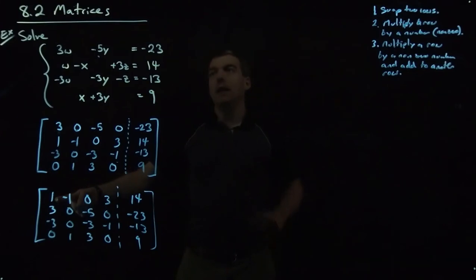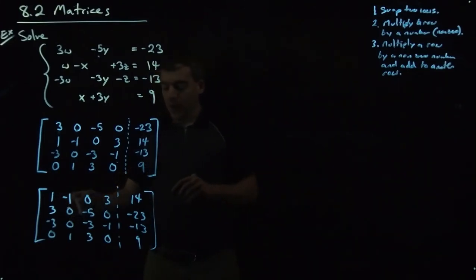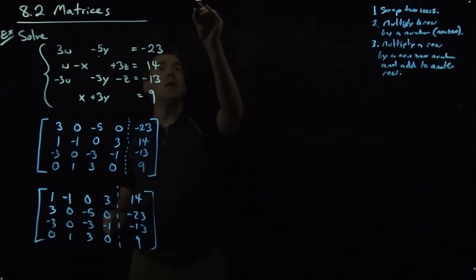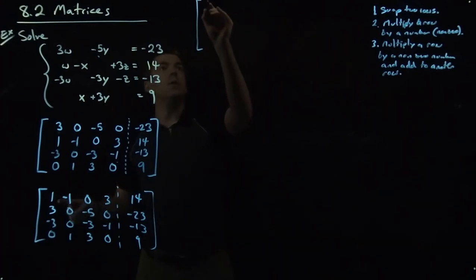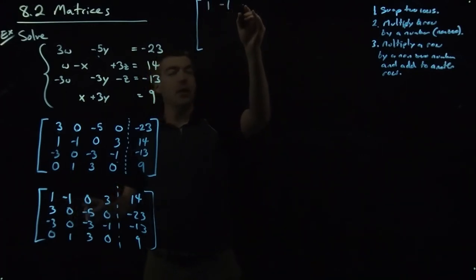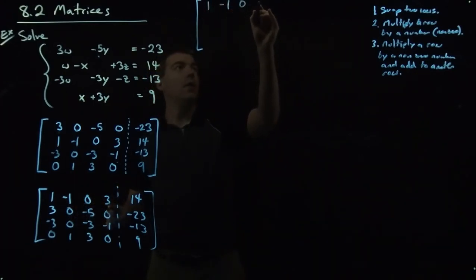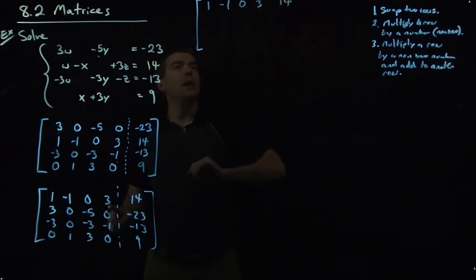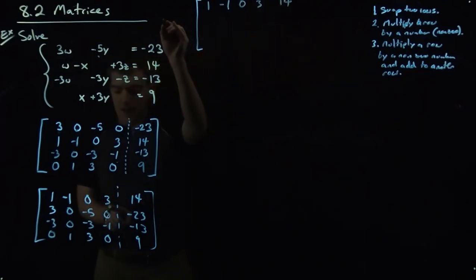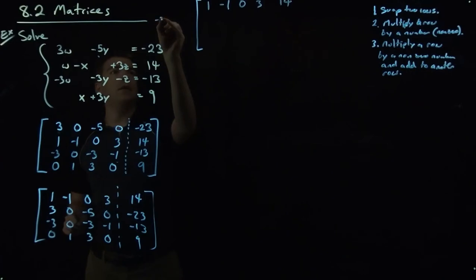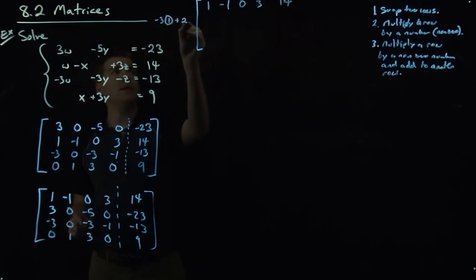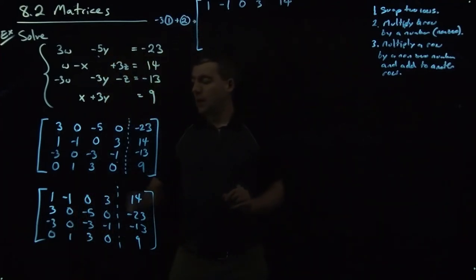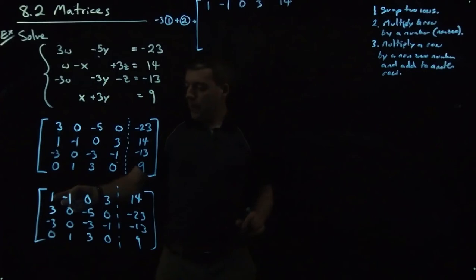So we're going to take this first row, 1, -1, 0, 3, 14. And what we're going to do is take -3 times the first row and add it to the second row. And that will go in right here. Okay, so let's do that.